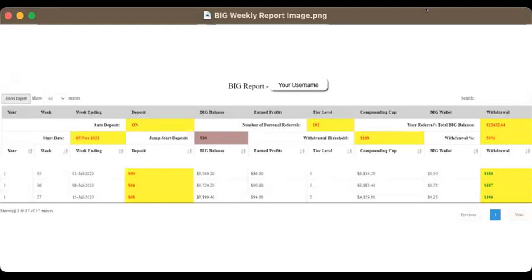But what this shows, for example, July 15th, the last line in the second part of the image. I can't even see that, but you'll be able to see it once you get it. This shows the year, the week, and the week ending.